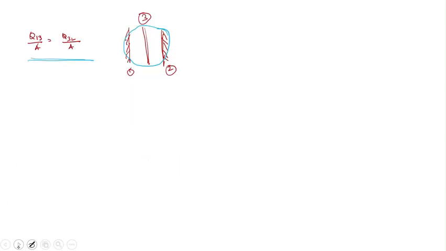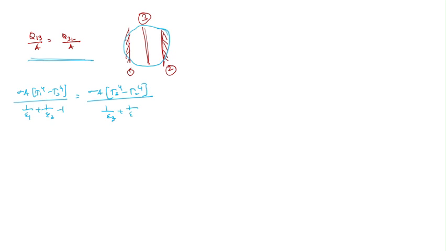Here it can be written as sigma A (T1 to the power of 4 minus T3 to the power of 4) divided by (1 divided by epsilon 1 plus 1 divided by epsilon 3 minus 1) equal to sigma A (T3 to the power of 4 minus T2 to the power of 4) divided by (1 by epsilon 3 plus 1 by epsilon 2 minus 1).